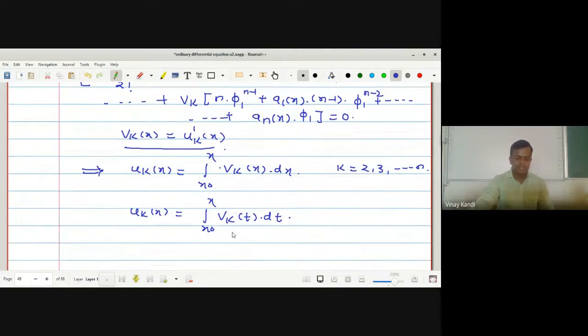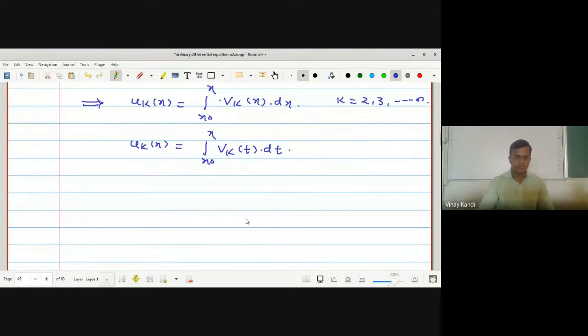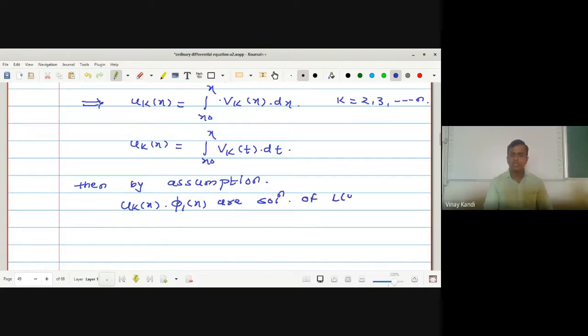Then by assumption we have uk of x into phi 1 of x are solutions of L of y is equal to 0.